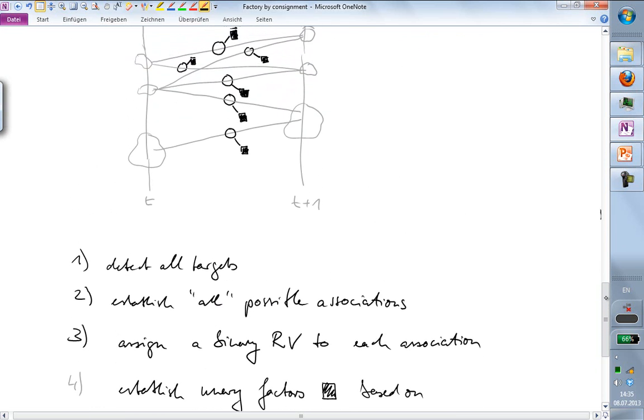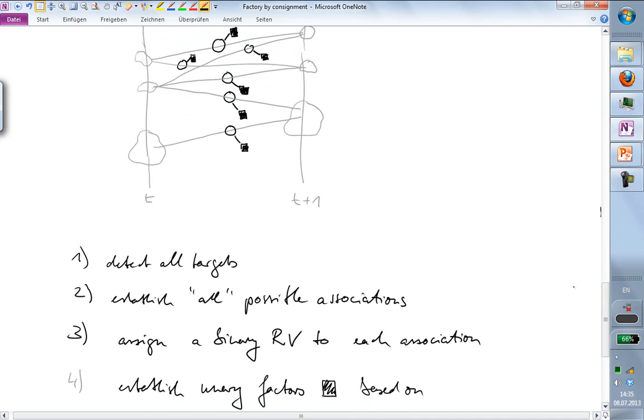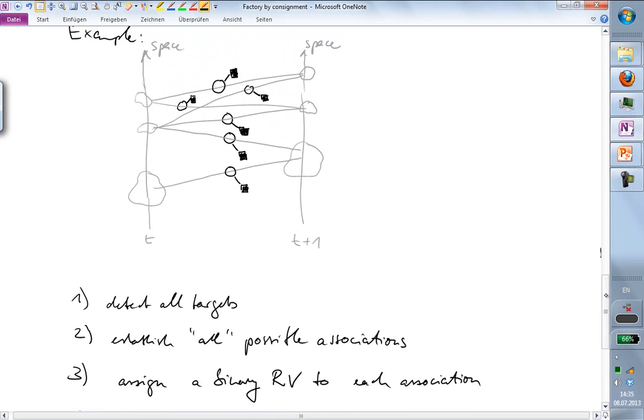Or if all of my factors say that they make a positive contribution to the energy, then actually the very best solution... So if all these unary factors, those are terms in my energy function, if all of them are non-negative, then the very best assignment I could get would be to simply switch all assignments off.